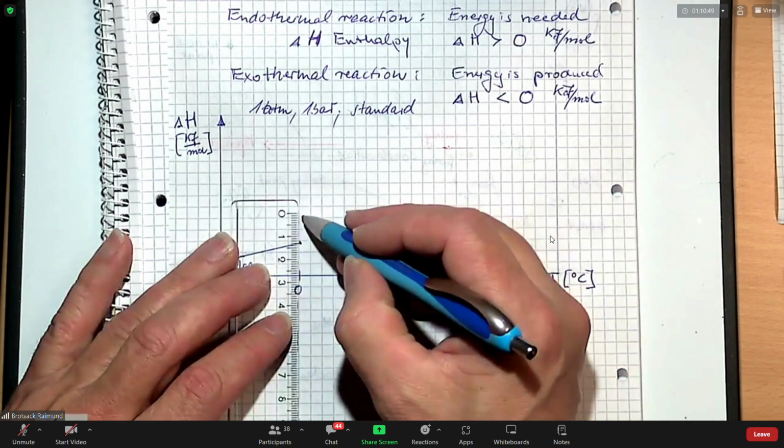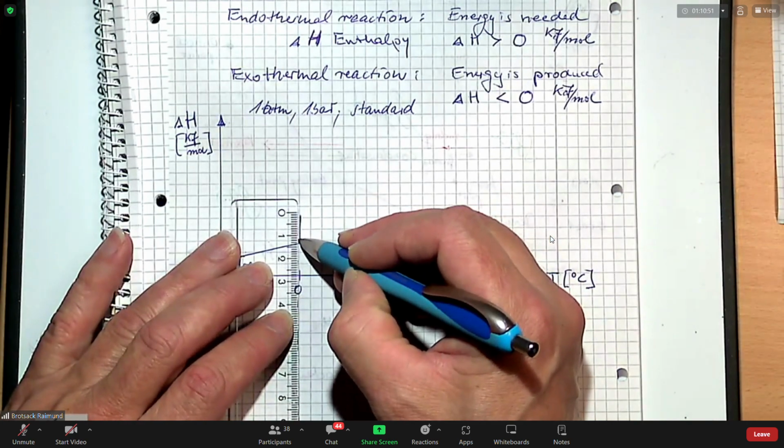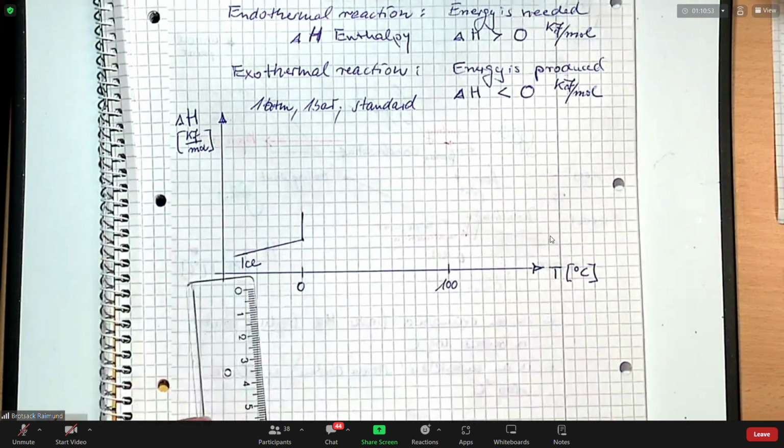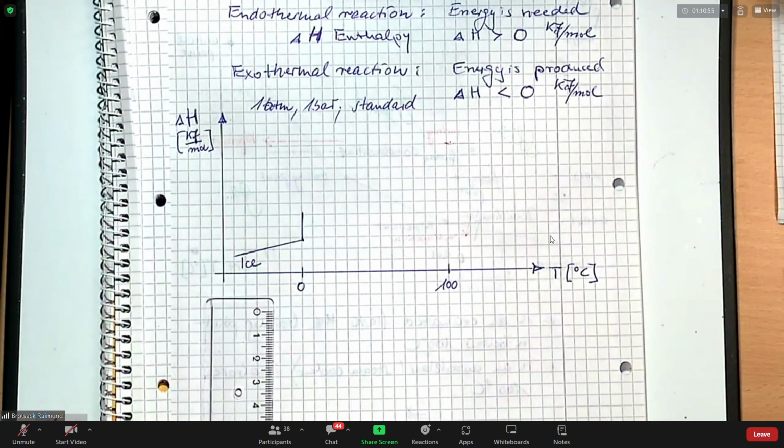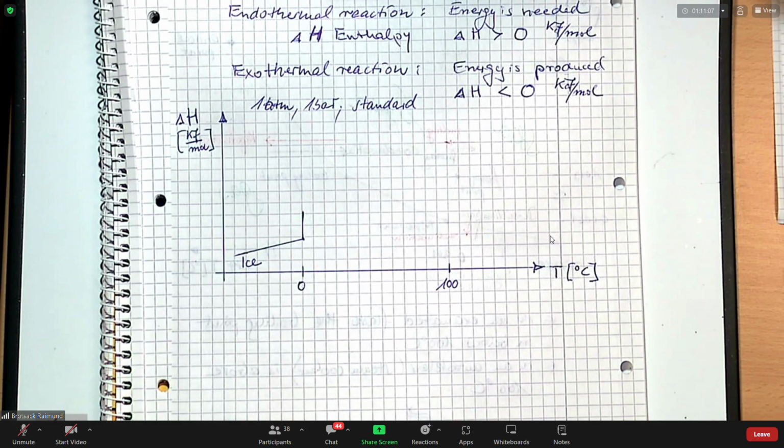So we invest energy in form of enthalpy, but the temperature doesn't increase as long as we have ice. It stays at the temperature level of 0 degrees Celsius. At the point when we have all of the ice transferred into a liquid, always talking about the ideal situation.